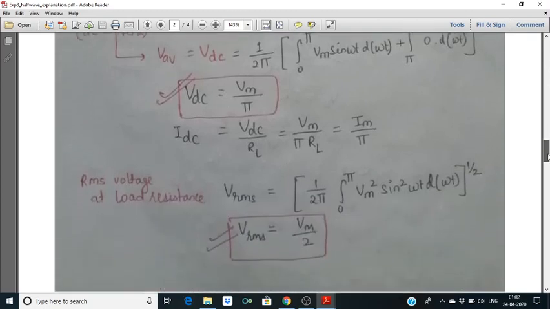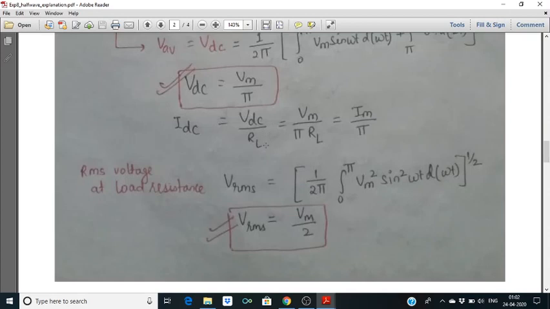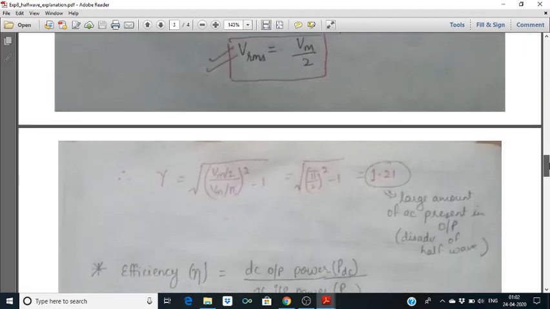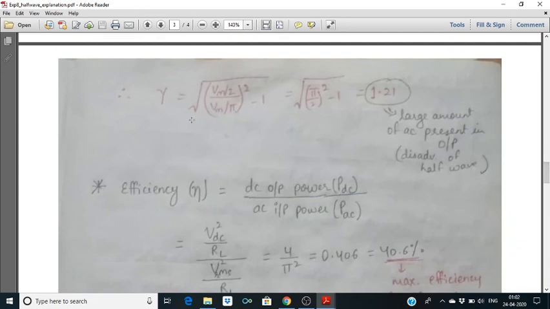Now DC current will be equal to Vdc by load resistance, so it will come as Im by pi. Now RMS voltage at load resistance can be calculated using this formula, and it will come as Vm by 2. Now we can calculate the ripple factor for half wave rectifier, and it will come around 1.21. So we can say there is a large amount of AC component present in the output, and this is one of the disadvantages of half wave rectifier.